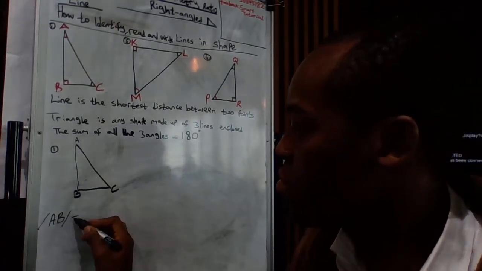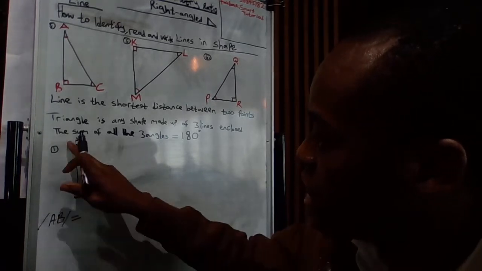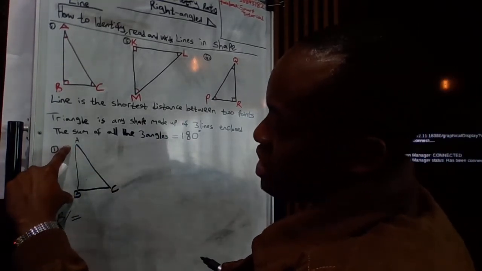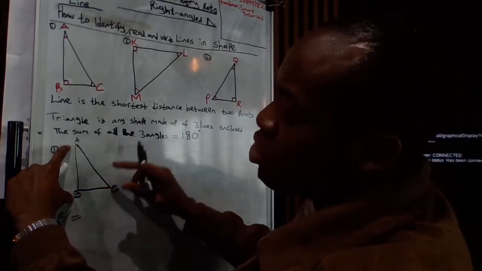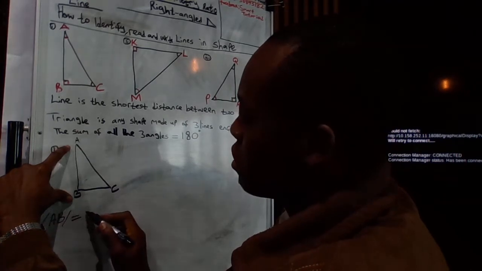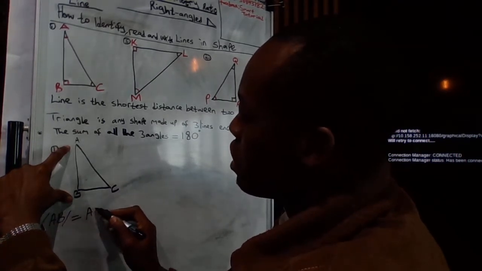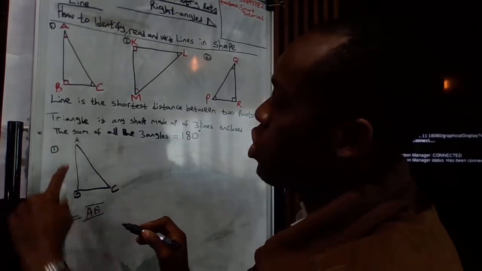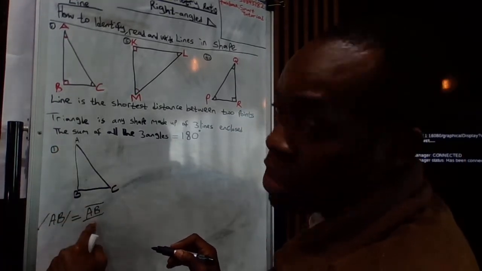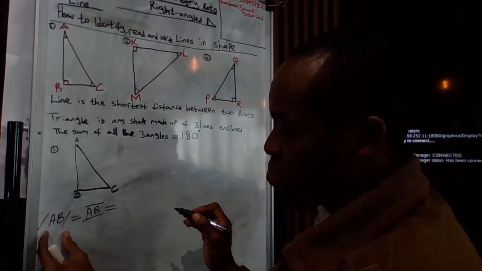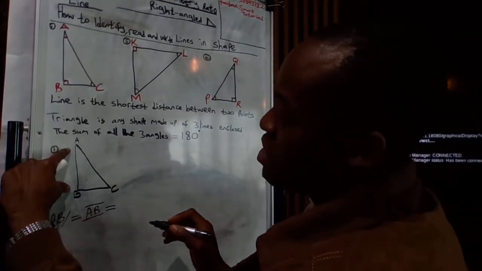This line AB, this line is line AB. You can also use another method to write the line AB. That is, you can write the line as AB, then you put stroke at the top and at the bottom. Another method of writing this same line AB, this line AB is still the same thing.